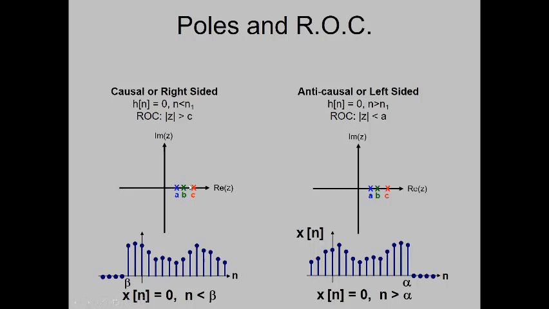Now, if that's the case, and I'm not allowed to include any poles within my region of convergence, then if these were the poles of my system, I would know right off the bat where the region of convergence is. It can't include A, B, or C.